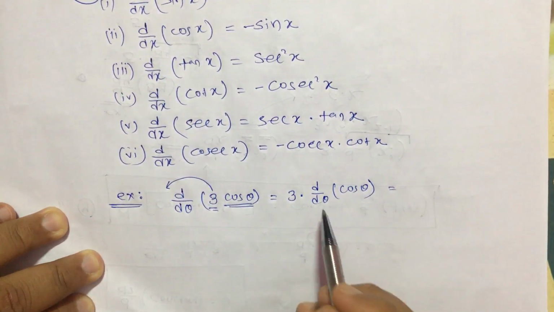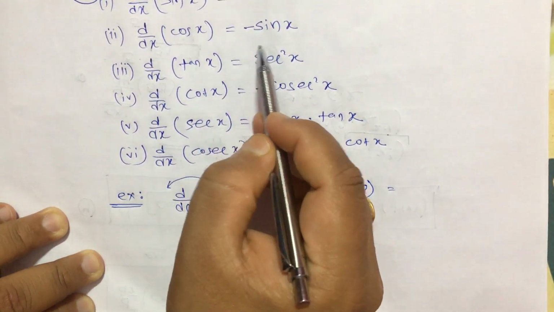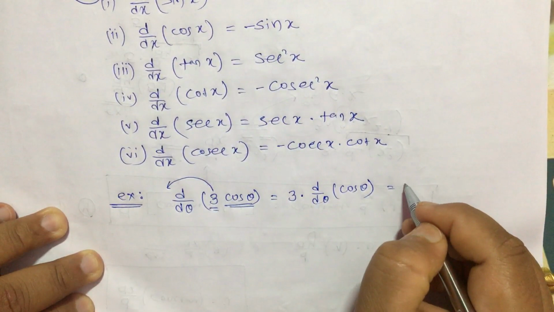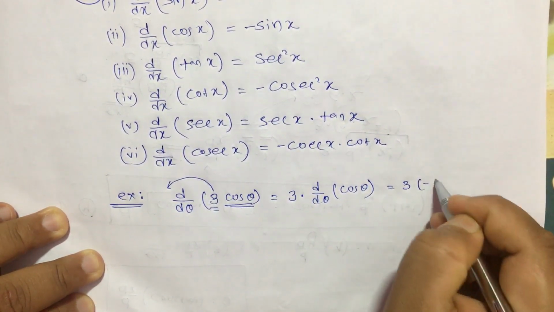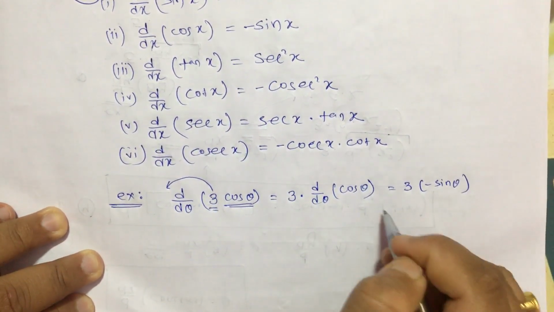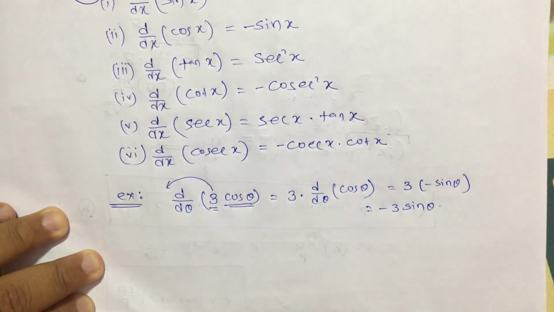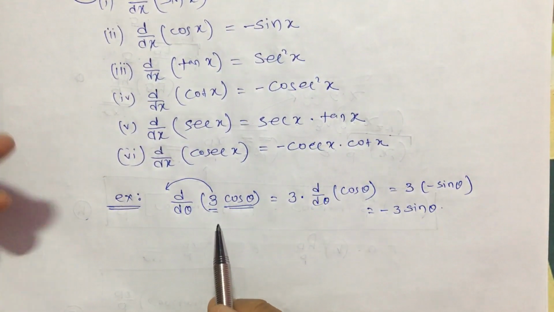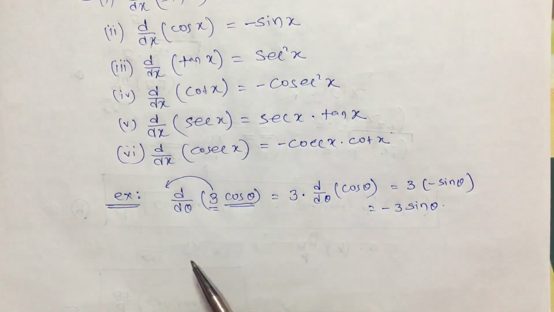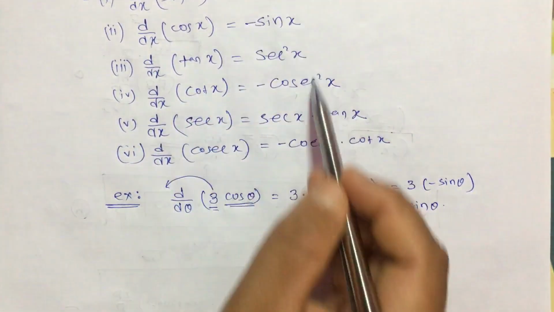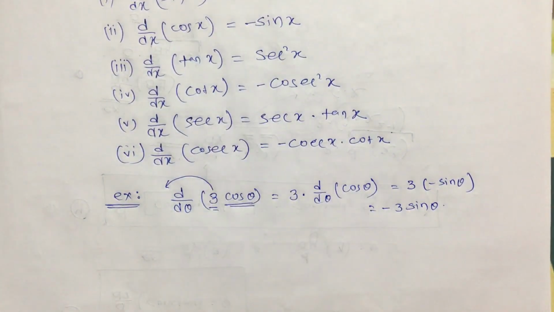But d by d theta of cos theta is minus sin theta. So it is going to be 3 into minus sin theta, or you can write it as minus 3 sin theta. There are not many more examples, because similar types of examples will come, but you have to remember all these formulas for derivatives of trigonometric functions.